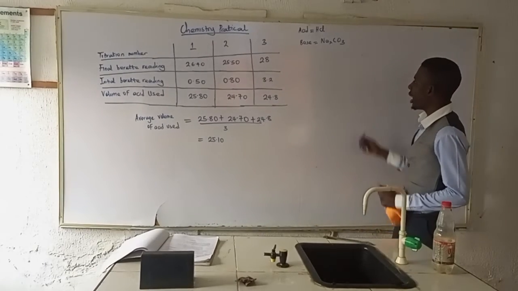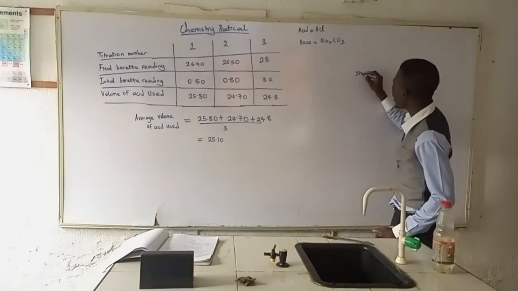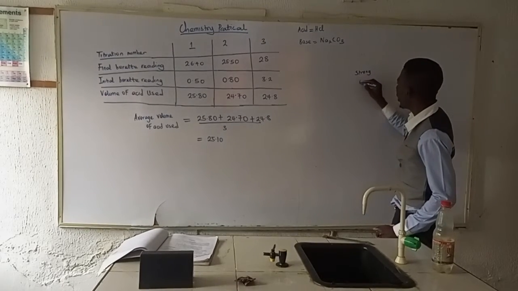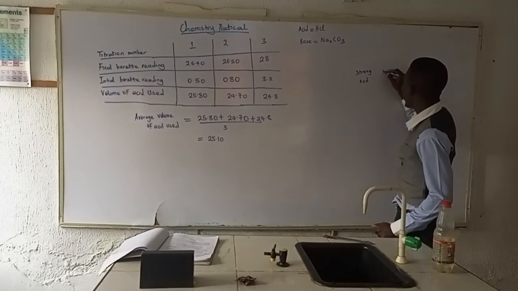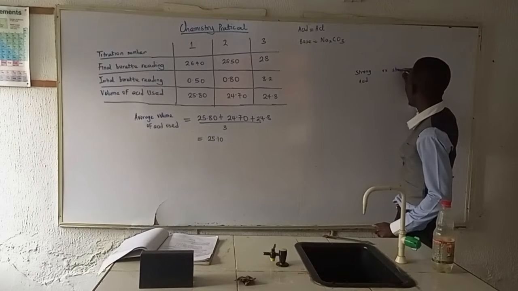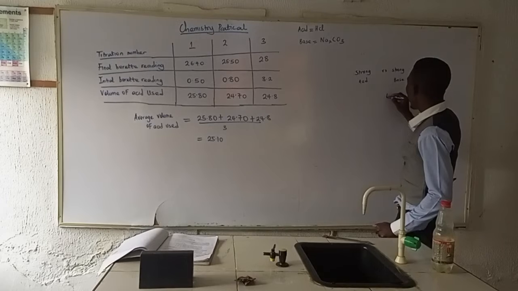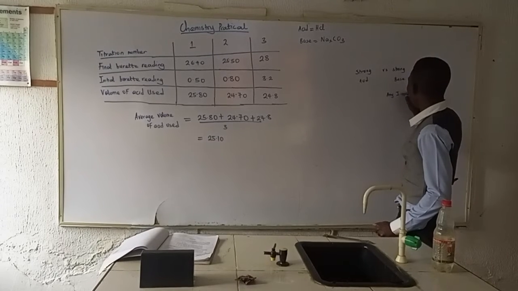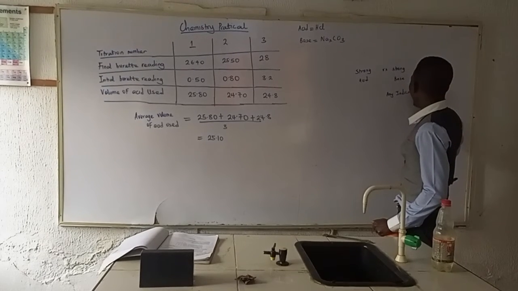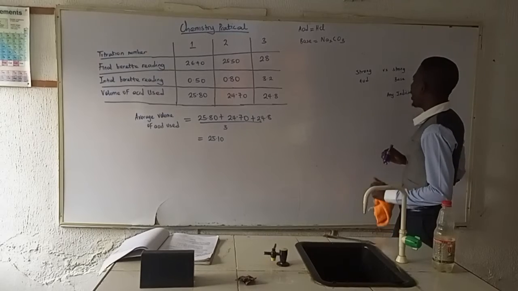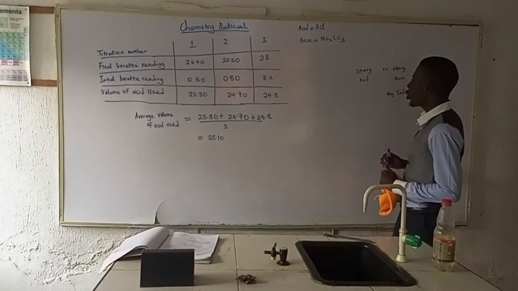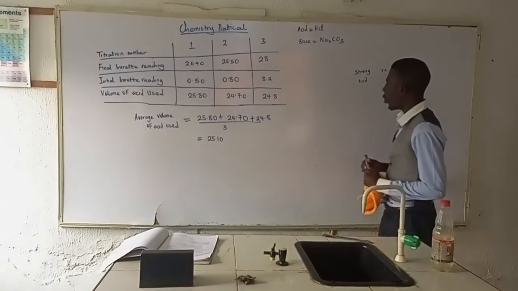If we have a strong acid versus a strong base in this titration experiment, we are expected to use what? Any indicator. Anytime you have a strong acid and a strong base, you are expected to make use of any indicator.